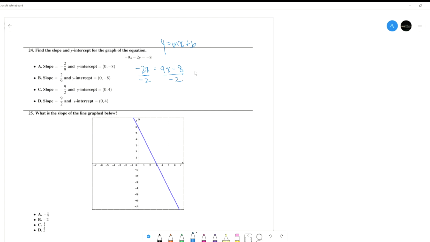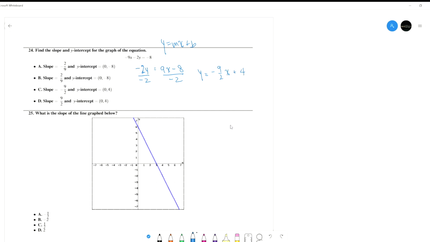So we have y, I'm sorry, I put an x instead of y there. Sorry, that should be a y. Okay, so divide by -2, we get y is equal to -9/2 x plus 4.